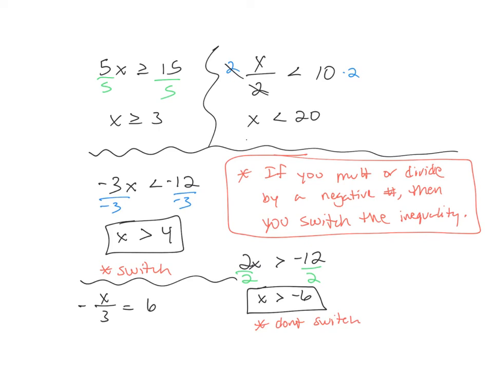Okay, so you can switch it and put the negative down here. So this one means divide by -3, so you multiply by -3. Oh, I shouldn't have put equal.